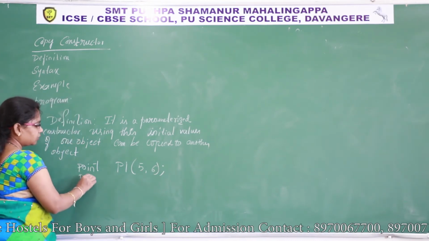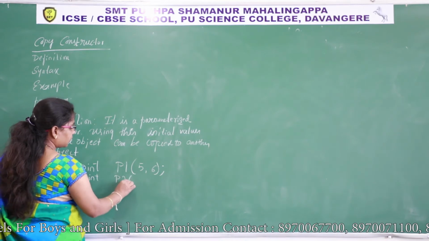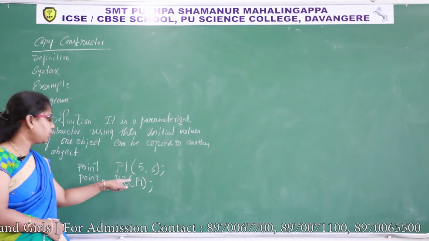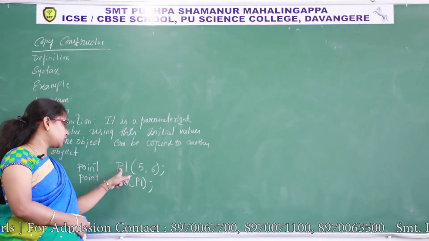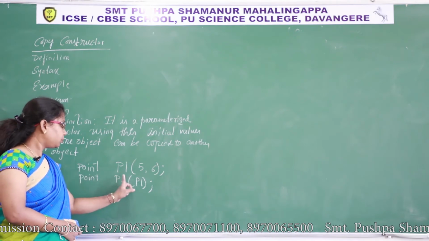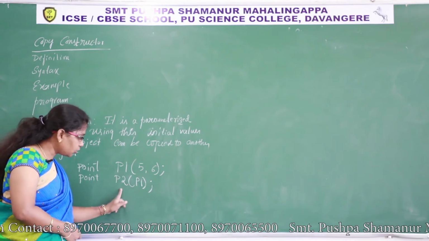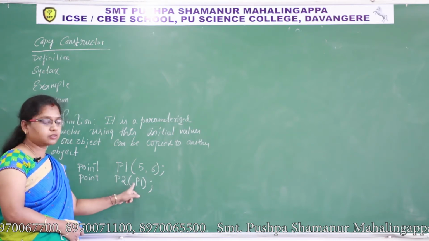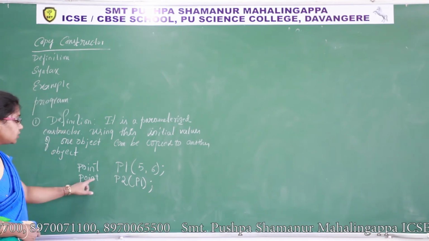Another one, Point p2, I can pass p1 here. So what type of argument are you passing? Object. p1 is an object of which type? Point type. So p2 is an object, and to this object I am passing a parameter that is also another object. This is called copy constructor.